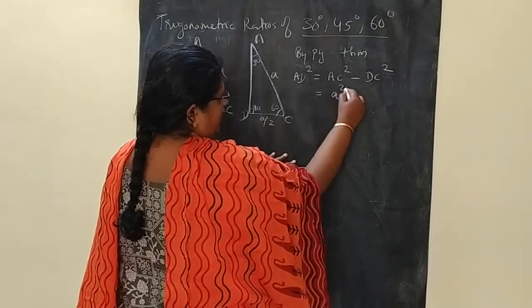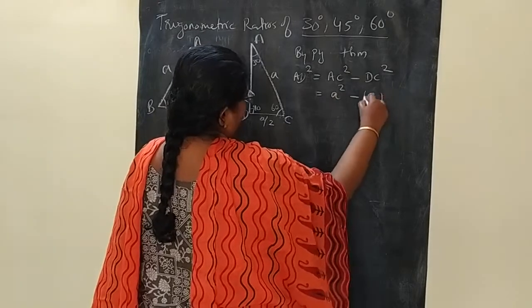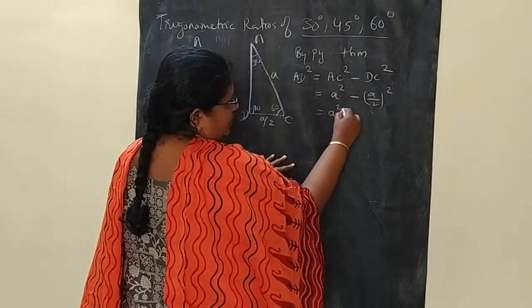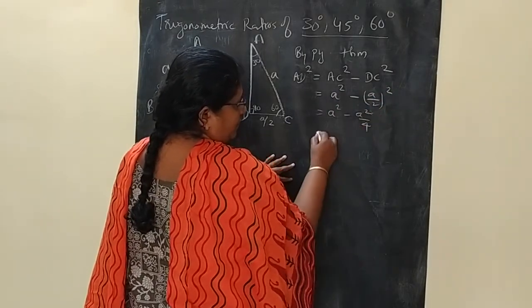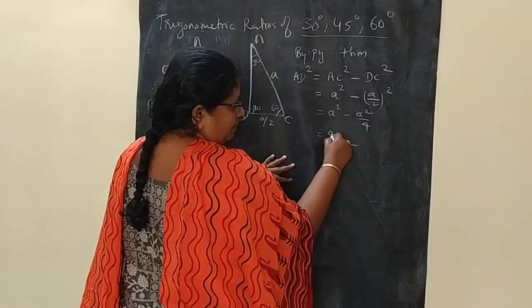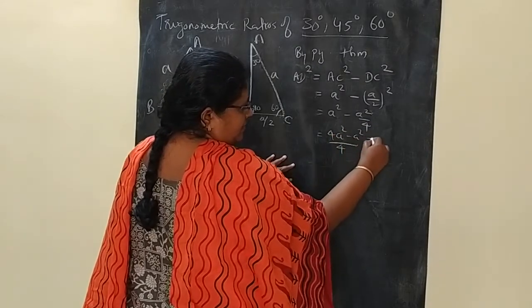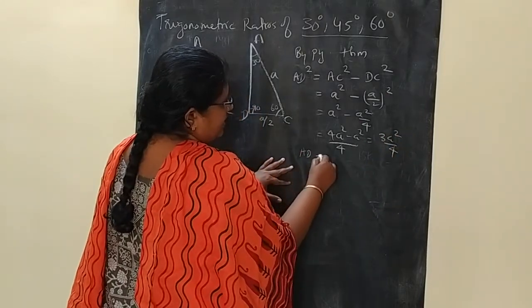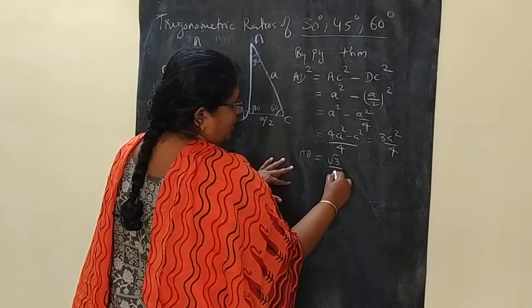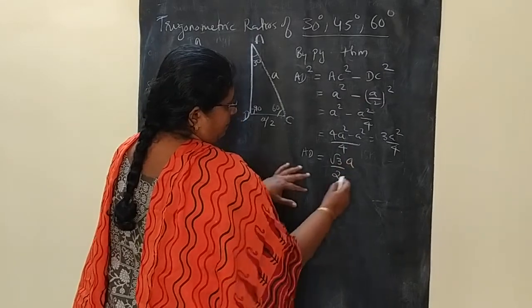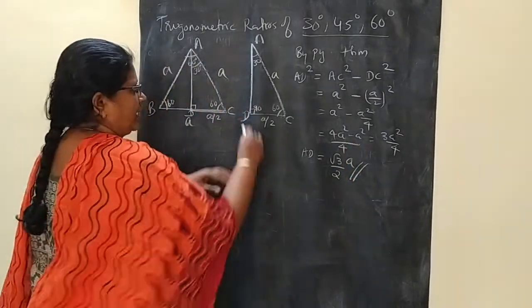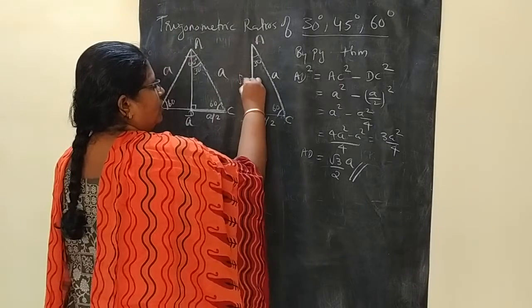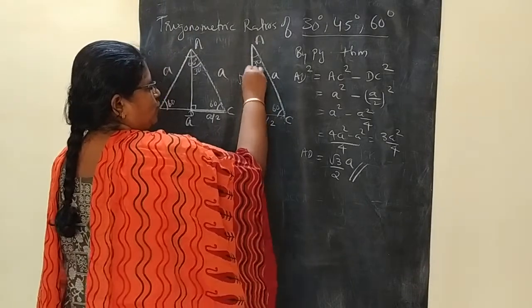That is a square minus a by 2 square, that is a square minus a square by 4. Taking 4 as LCM, 4a square minus a square, that is 3a square by 4. So AD is equal to root 3 by 2 a.